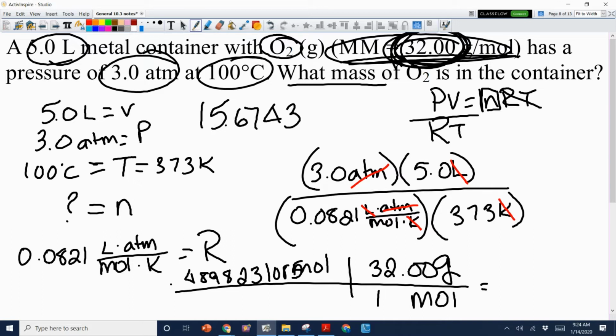That's as many numbers as we need because we have 2 sig figs for the volume, 2 sig figs for the pressure, 1 sig fig for the temperature, 100. That's 1 significant digit. So our answer is only going to be in 1 significant digit. So 15.6, that first one right there is the 1 significant digit. So we look at the 5 to see if it rounds. It does round. So this becomes a 2.